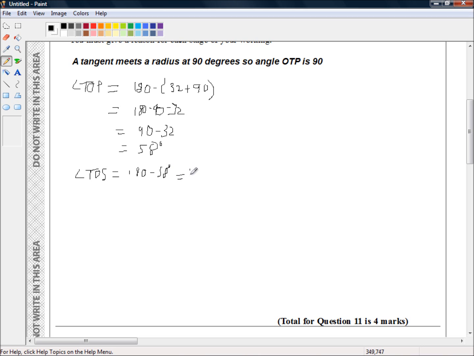And that's equal to 122 degrees. Add 2 to 58 and you get 60. Add 20 to 60 and you get 80. And then you add 100 to that to get 180. And that's where we get our 122 degrees from.